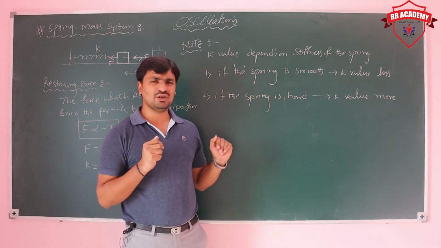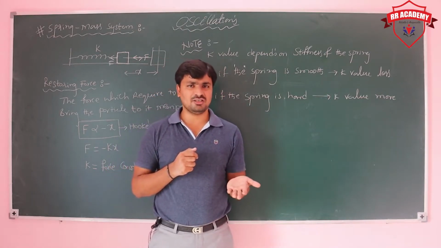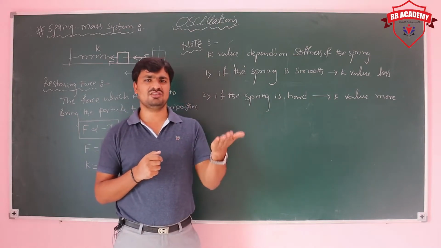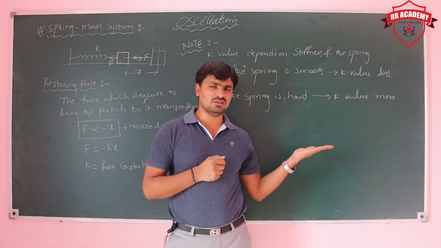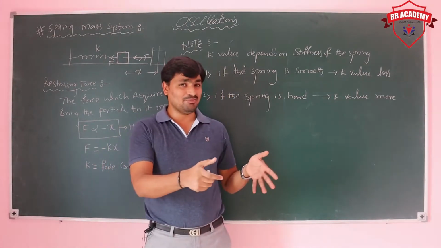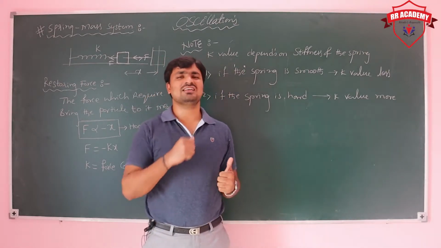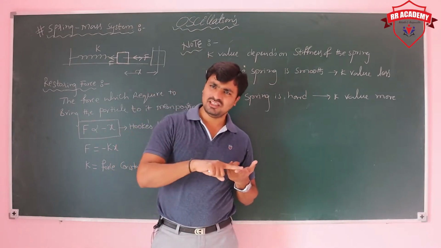Where we use springs in the brake system, and especially in the suspension system: when you travel on a bike, you can observe a spring-like arrangement at the side of the wheels.